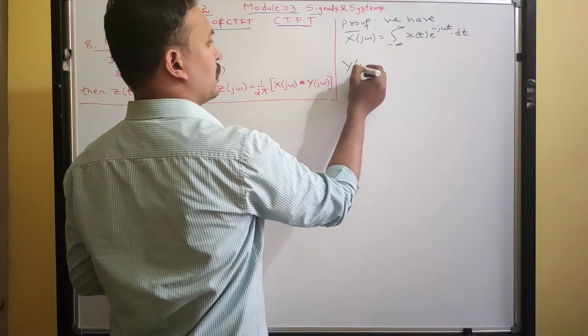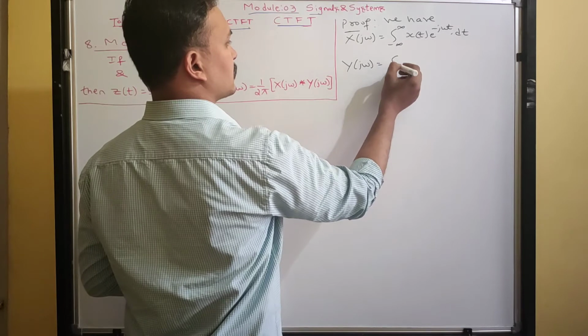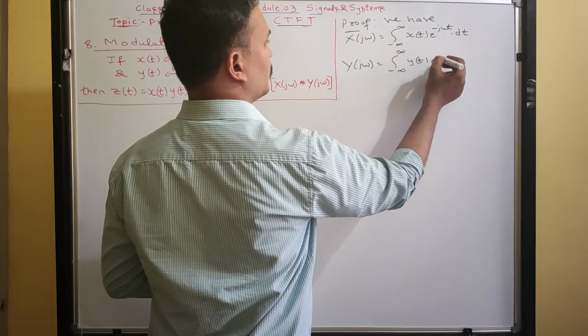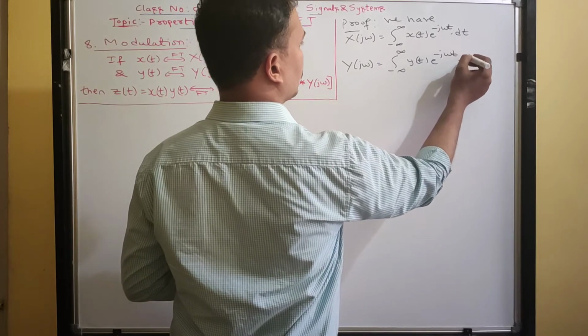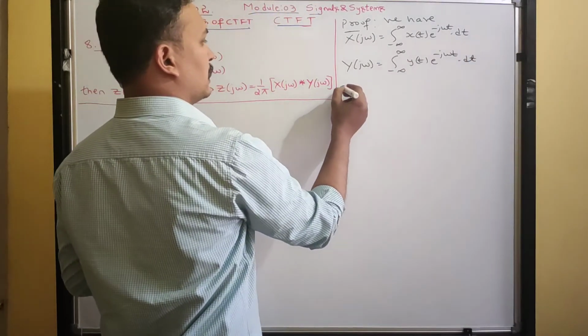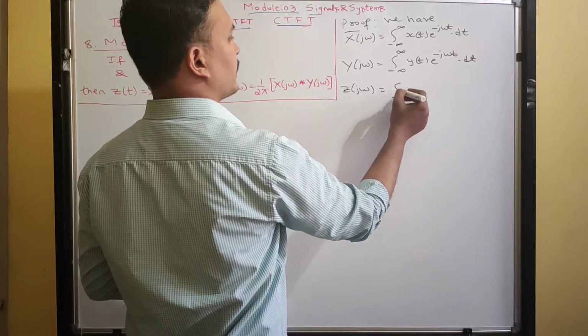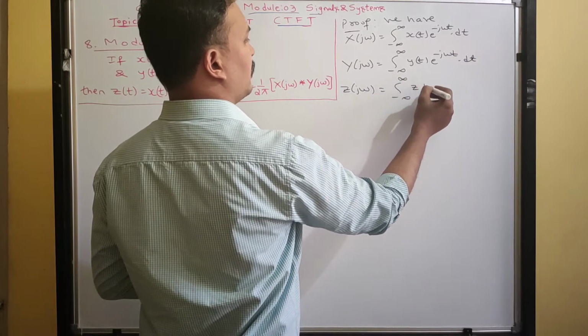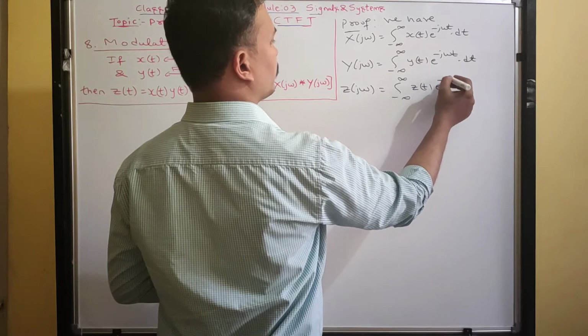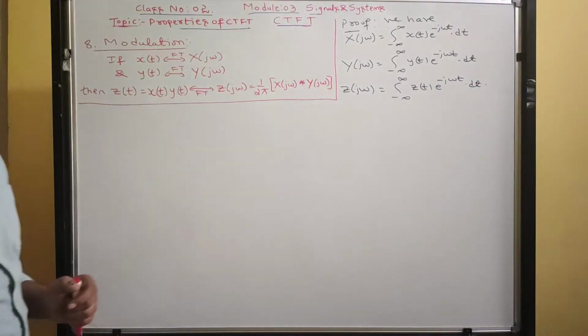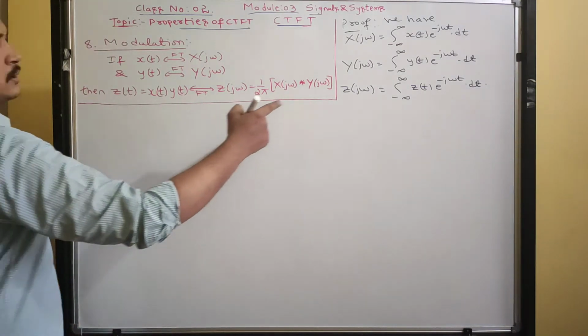Similarly, y of j omega can be written as integral minus infinity to infinity y of t into e to the power of minus j omega t into dt. Then z of j omega can also be written as integral minus infinity to infinity z of t into e to the power of minus j omega t into dt. Keep all the equations like that.